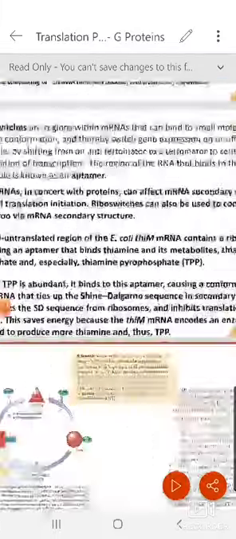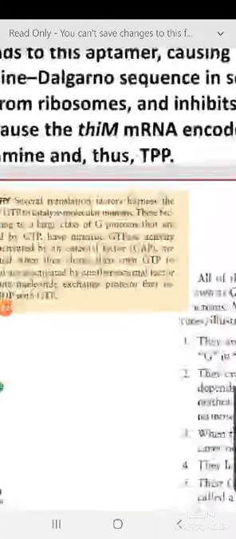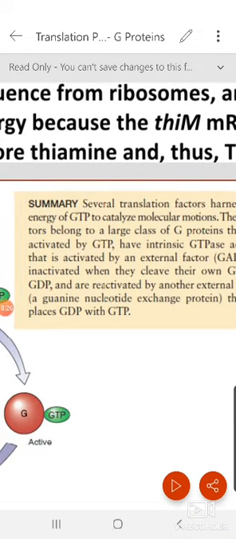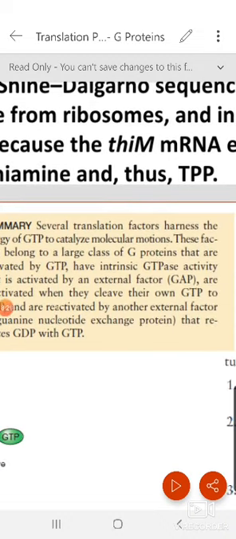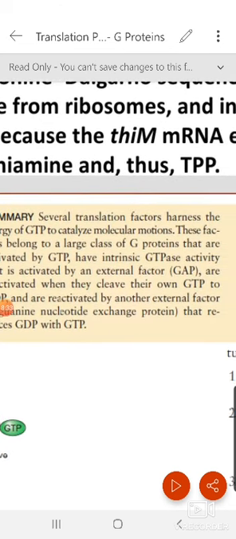The last part is the function of G proteins. You must know that several translation factors harness the energy of GTP to catalyze molecular motions.